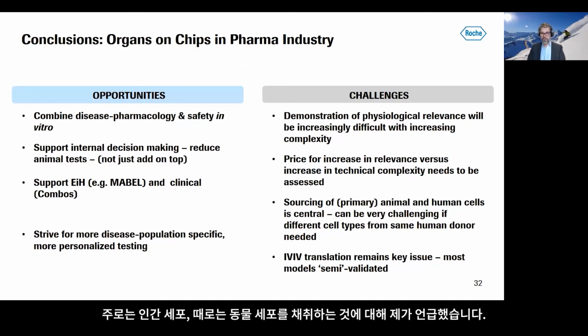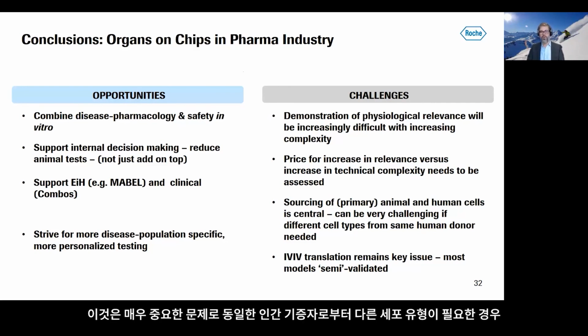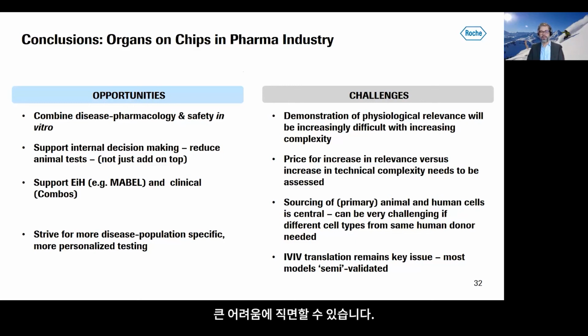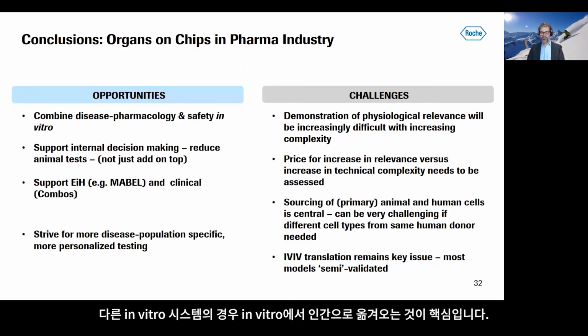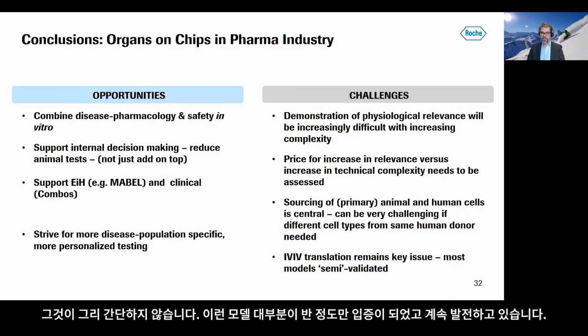I alluded to the sourcing of human cells mainly, sometimes also animal cells. This is very important, and this can be very challenging if different cell types from the same human donor are needed. Of course, like for any other in vitro system, the translation from in vitro to human is key and is not so easy.